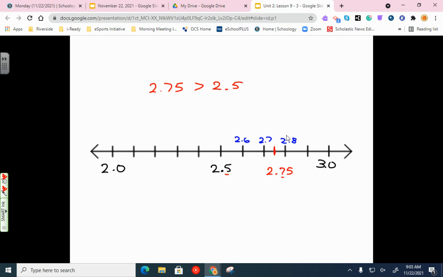The next question is, is 2 and 75 hundredths closer to 3 or 2? In this case, here's our 3, and here's our 2, and it's pretty obvious that this is closer to 3. And then the last question, what's 2 and 75 hundredths rounded to the nearest whole number?